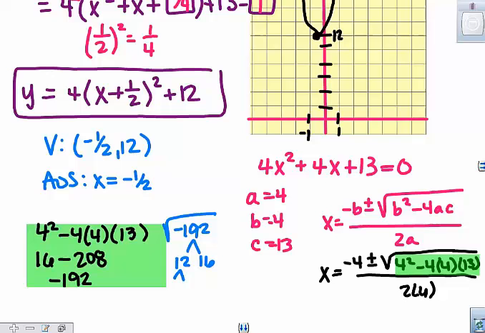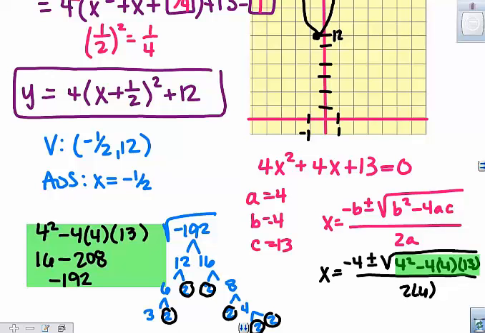So 12 splits to 6 and 2, 3 and 2. 16 is 2 and 8, 2 and 4, 2 and 2. So there's several pairs here. Here's a pair of 2's. Here's a pair of 2's. Here's a pair of 2's. So 2 gets to come out 3 times. So 2 times 2 times 2 is 8.